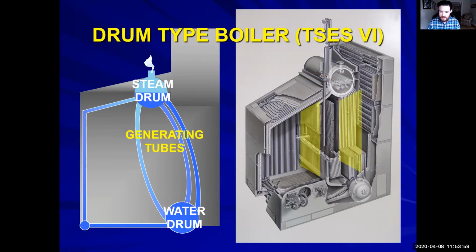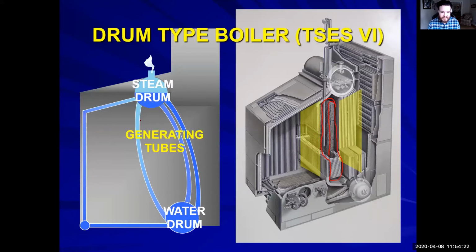All right, these yellow portions are called the generating tubes. These tubes right here that I'm highlighting are not generating tubes, okay?